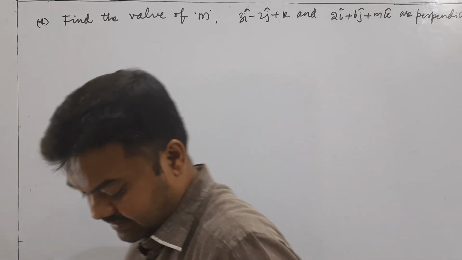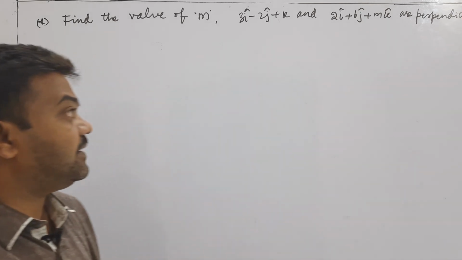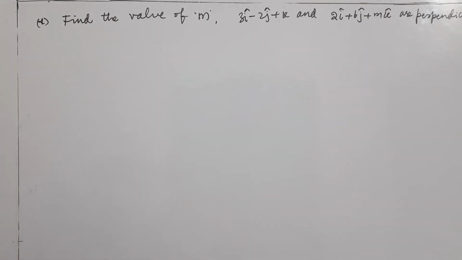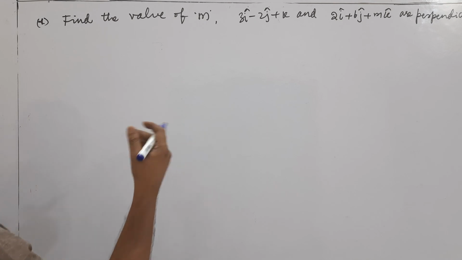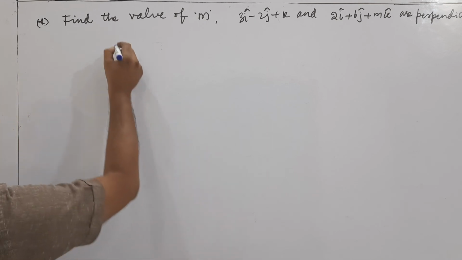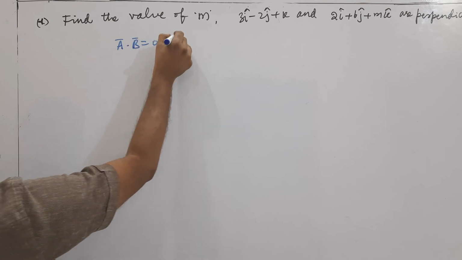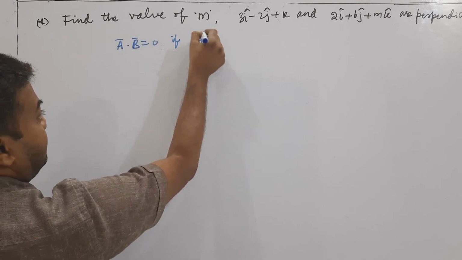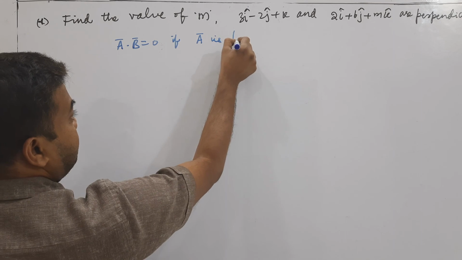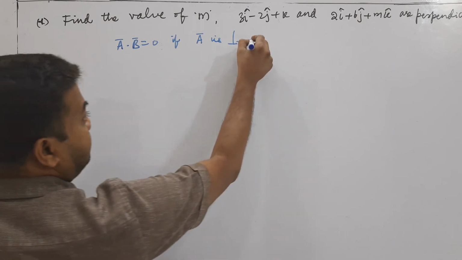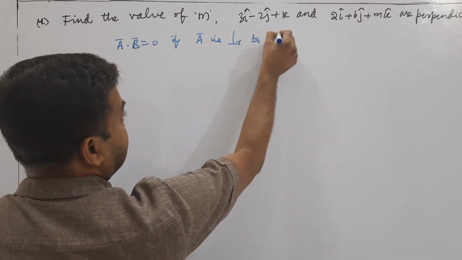Both are perpendicular. When both are perpendicular, what should be the value here? When both are perpendicular, the value of the dot product is 0. Already we have written a bar dot b bar is 0 if a bar is perpendicular to b bar.